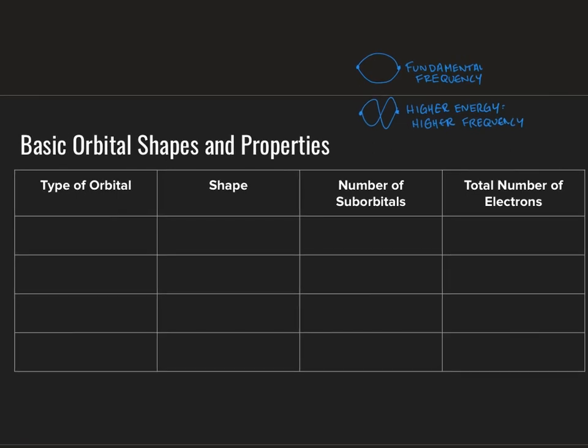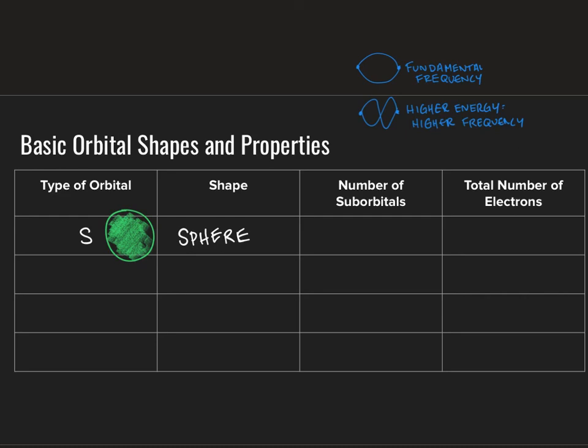When we start off with the lowest energy electron, we see a type of orbital which we refer to traditionally as an s orbital. And that s orbital takes the shape of a sphere. Now, one of the things you might remember from last year is that, depending upon the orientation in space of those orbitals, we could have several different suborbitals.